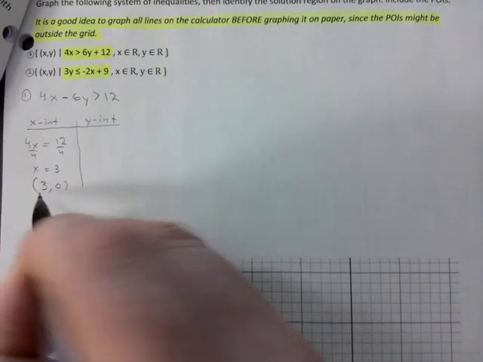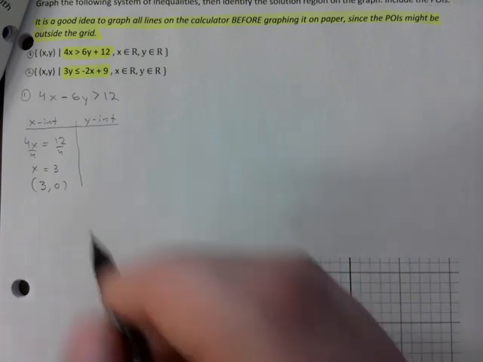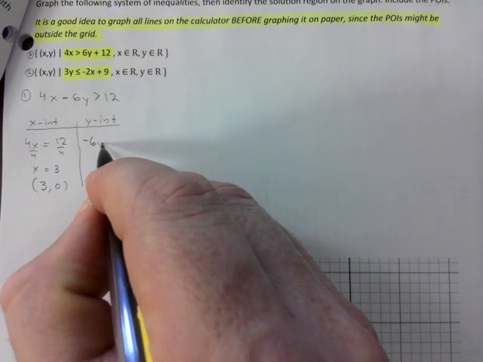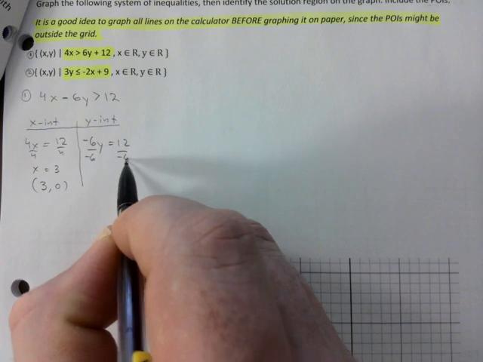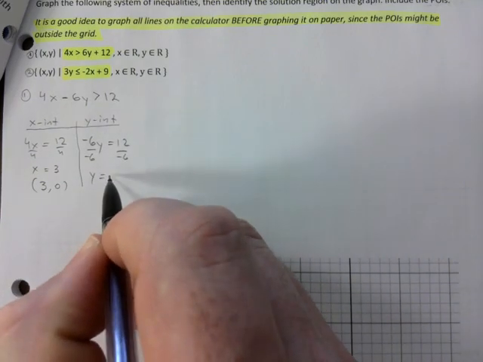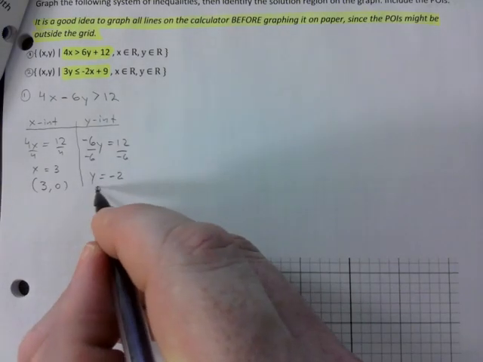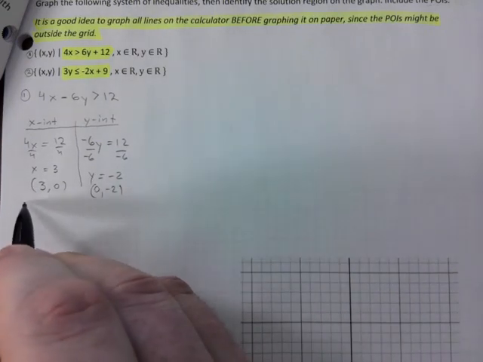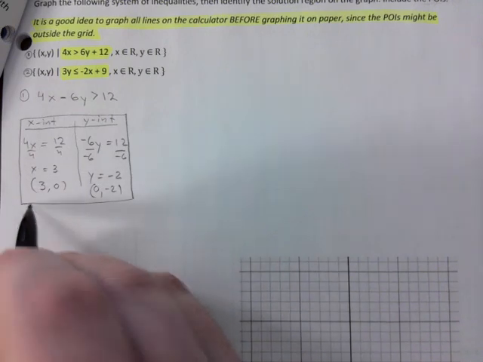You end up with (3, 0) as your x-intercept for this particular line, the boundary line that is part of our inequality. Y-intercept, x is equal to 0, so you end up with negative 6y is equal to 12. So y is equal to negative 2. (0, -2) is my y-intercept. Boom. Let's box that in nice and compact. There we go.